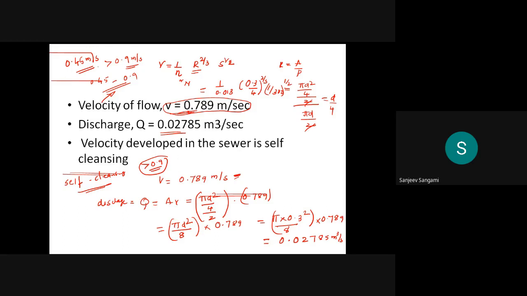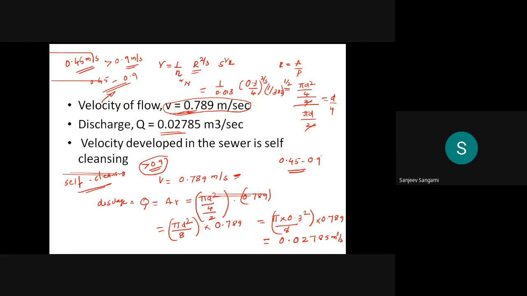If the velocity is in this range, either your silt or the sand is going to settle at the bottom, or, at too high a velocity, the silt and sand will scour. So the optimum will be 0.45 to 0.9.